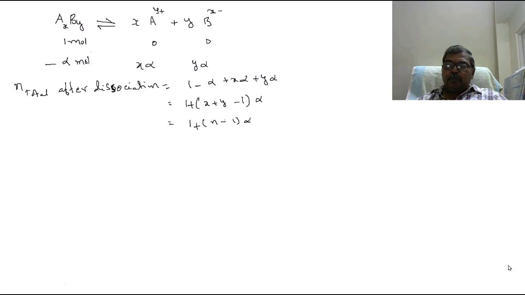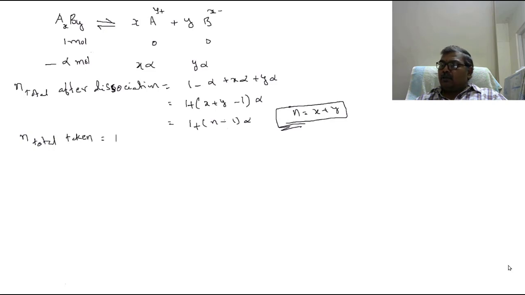Right? Okay. Number of moles taken, one. Now, here n is equal to x plus y. Now, total number of particles, cations and anions, right?